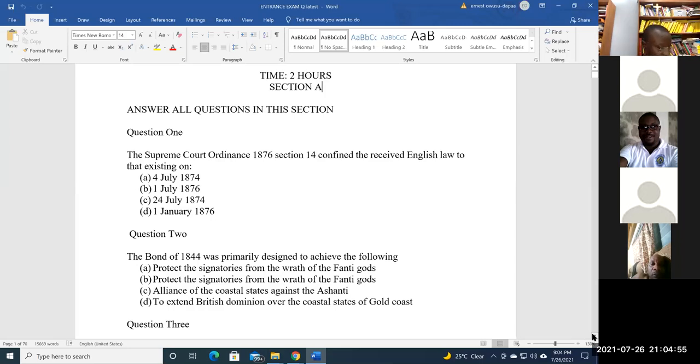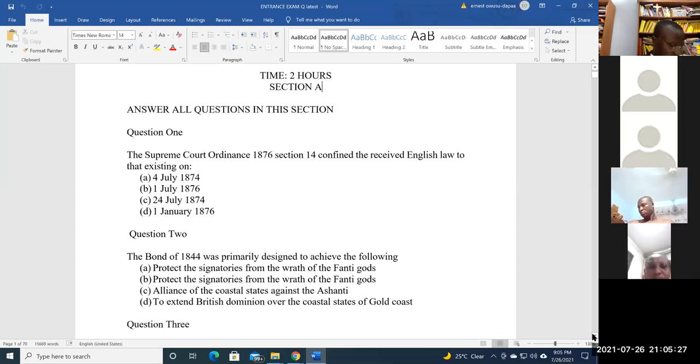If you look at any of the standard works on the Ghana legal system, Professor Kwanzaa of blessed memory, he actually makes reference to it. We also look at the more recent work, which also makes reference to it. So it is important that we know certain basic information about it.